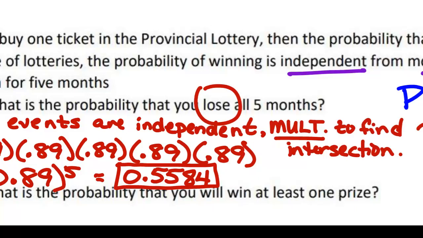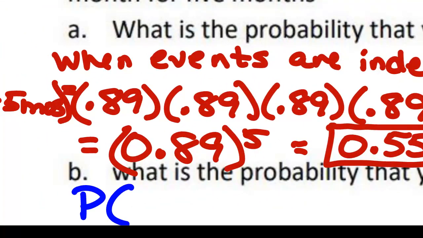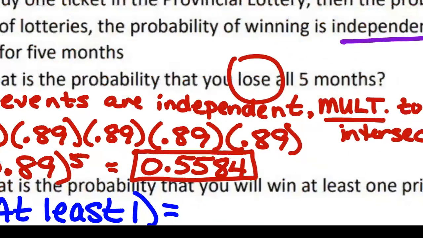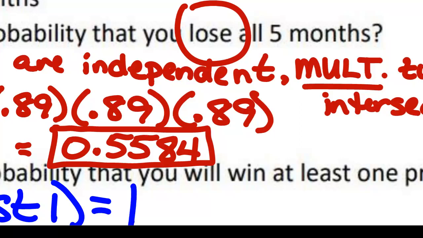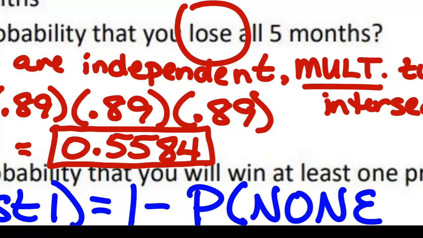What is the probability that you will win at least one prize? Well, the probability of at least one would be 1 minus the probability that I win none.